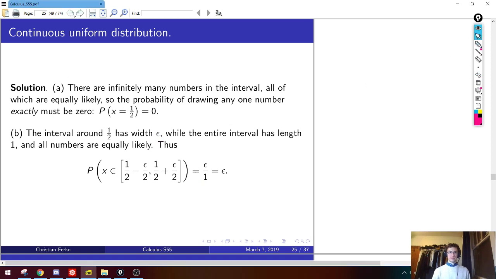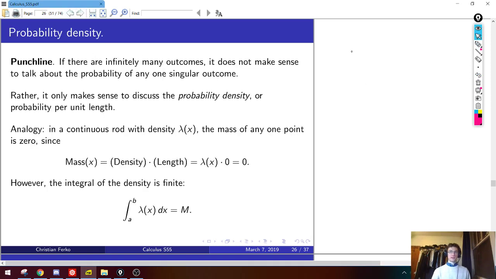Now we have to resolve that argument I just made. So here's the answer. When there are infinitely many outcomes, it does not make sense to talk about the probability of any singular outcome, because there's infinitely many of them. The only thing that makes sense is to talk about the density of probability per unit length. Probability per unit length.